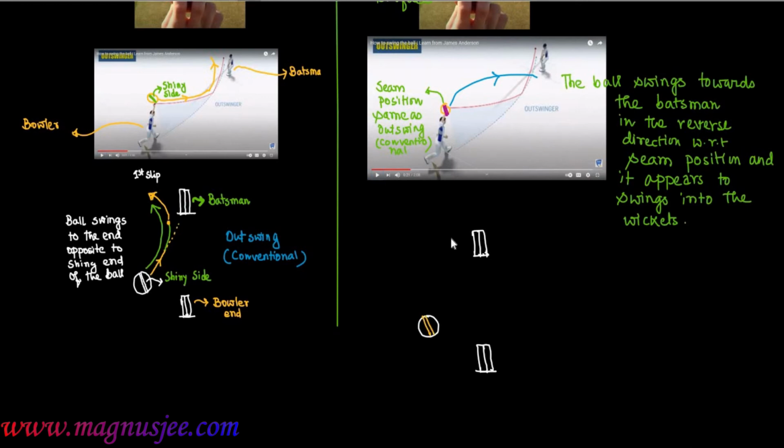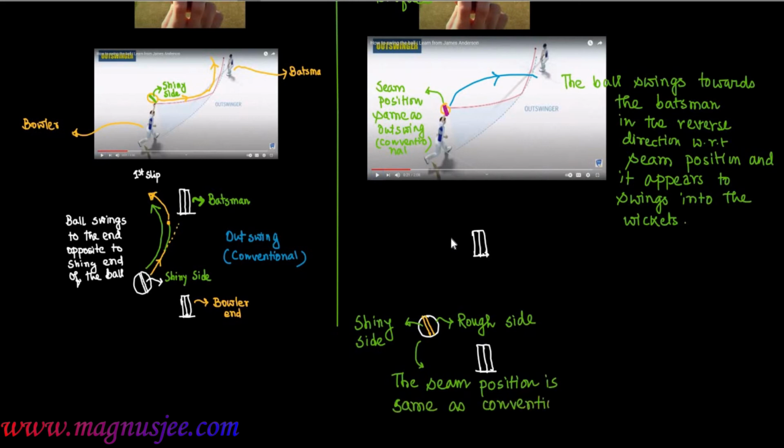The seam is placed at an angle theta pointing towards first slip. The shiny surface is placed towards the outward end, and the rough surface towards the inward end.